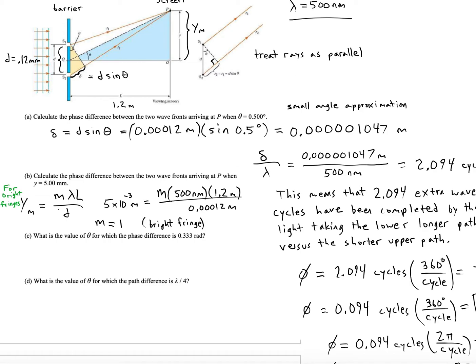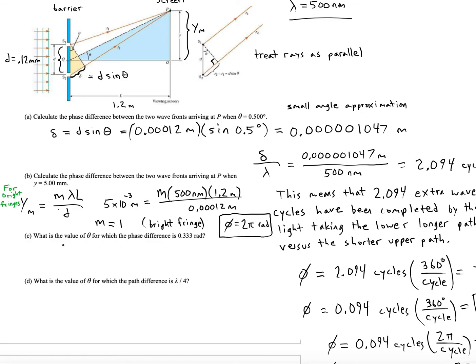And if that's the case, then the phase difference between the wavefronts would have to be 2 pi radians. Or you could say there's no difference between the waves, because they would be constructively interfering at that point.